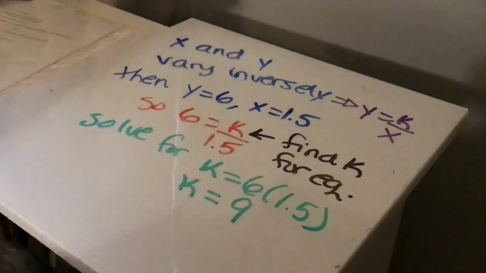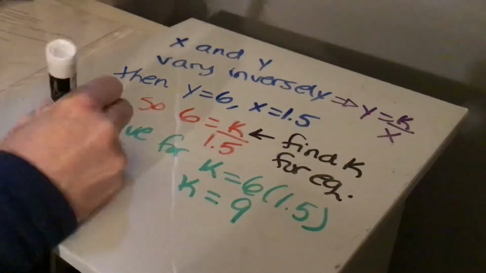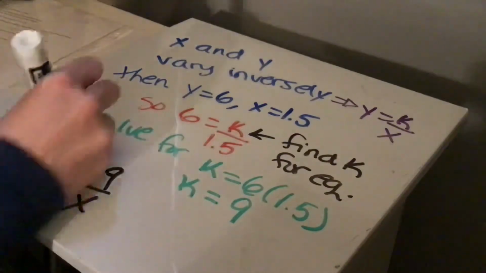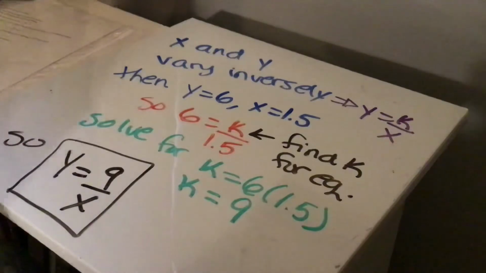That's not our equation though. You need an equation, but you now know they vary inversely, and you know k. So we can say that y is going to be 9 divided by x for all x and y in this relationship. Then you can find y given an x value.